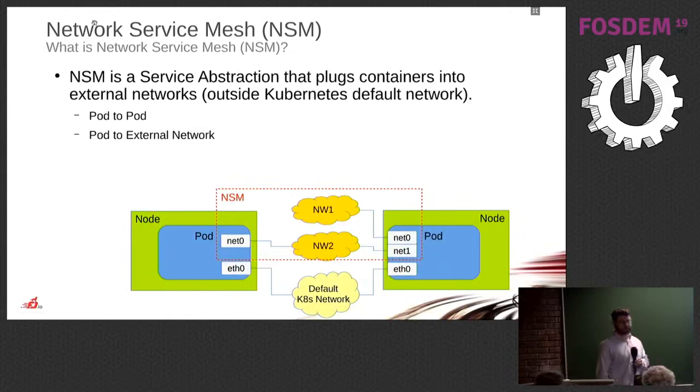Service mesh is a service abstraction that allows you, from a Kubernetes point of view, to plug a pod into a different pod or a pod into an external network. Much like I was talking about with Multus, it creates these networks outside of the Kubernetes default network, so Kubernetes is not aware of the networking that it's doing.